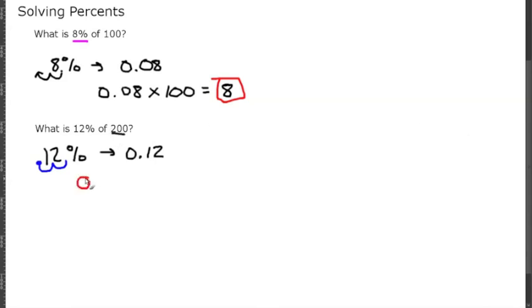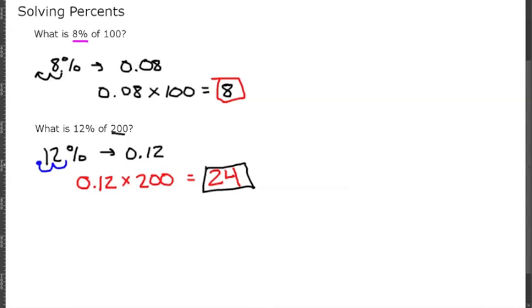So it's going to be 0.12 times 200, which is going to give us 24. So 24 is 12% of 200.